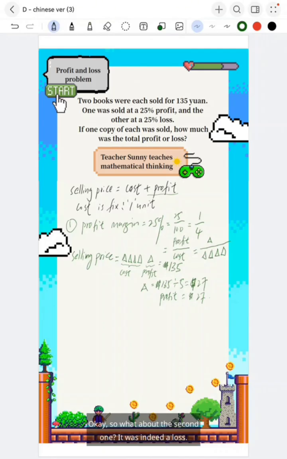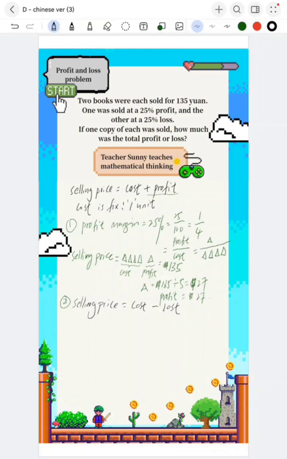Okay, so what about the second one? It was a loss. The second one was sold at a 25% loss, which means its selling price is equal to the cost minus the loss.